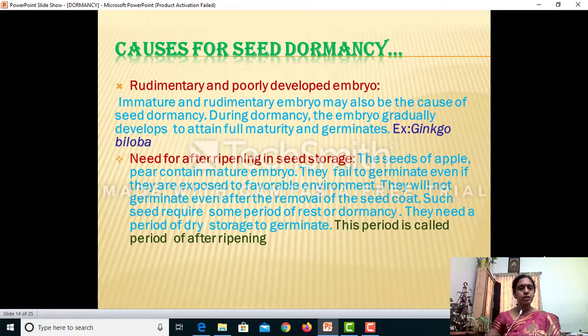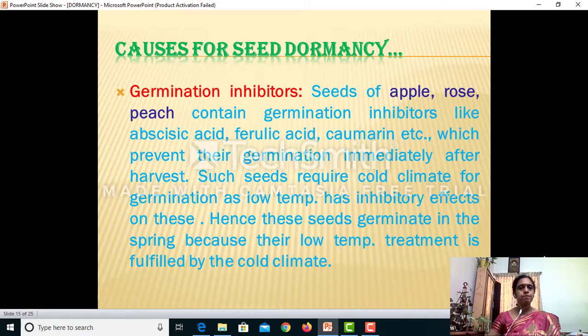They fail to germinate even if they are exposed to a favorable environment. They will not germinate even after the removal of the seed coat. Such seeds require some period of rest or dormancy. They need a period of dry storage to germinate. This period is called after ripening or period of after ripening.